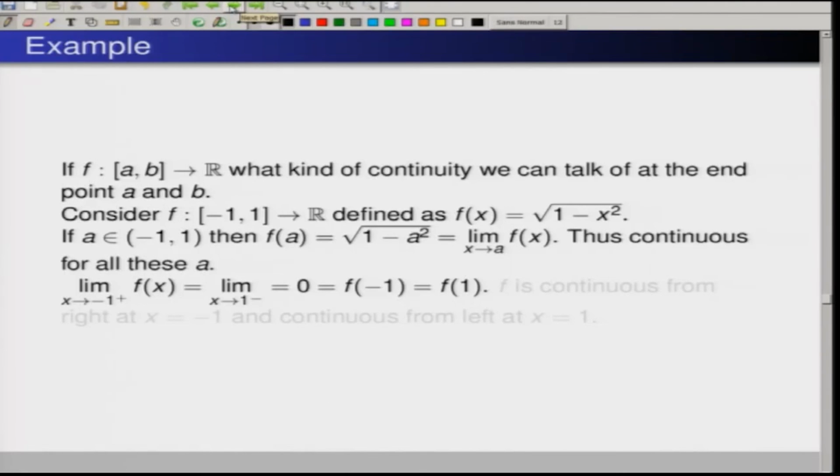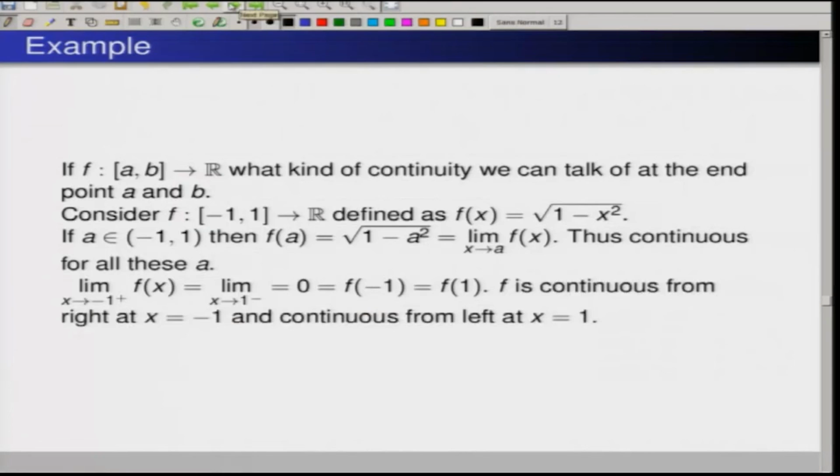Similarly, at 1 we can talk of the left-hand limit, and there it is again 0, which is f of 1. So f is continuous from the right at x equal to minus 1 and continuous from the left at x equal to 1.